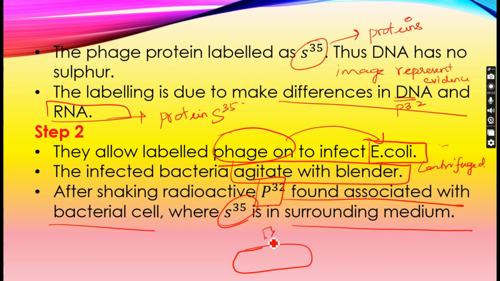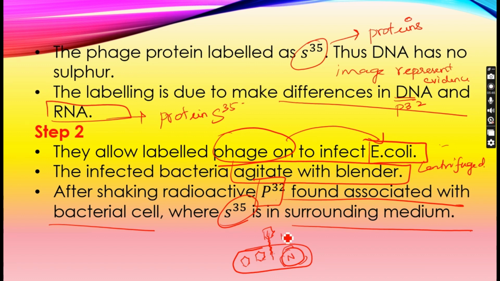The phage is going to inject its genetic material into the bacteria, which can hijack the machinery of the bacteria and produce more progeny. So here we can find that only the genetic material is going to be in. No proteins are going to be in.